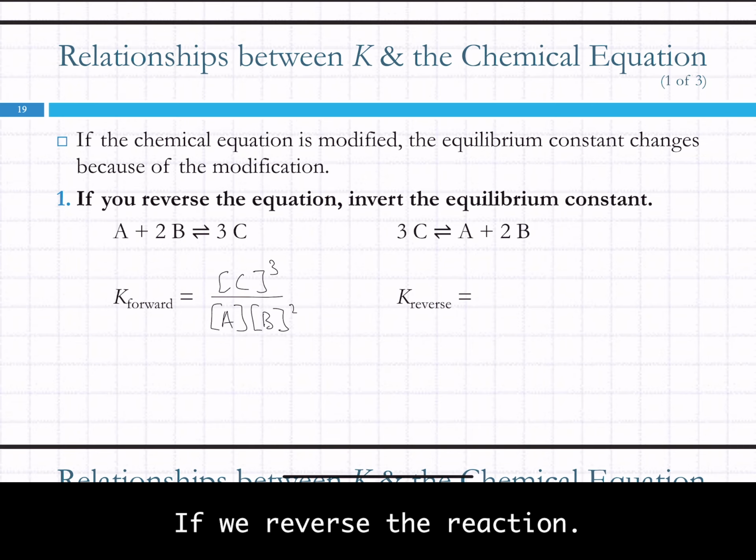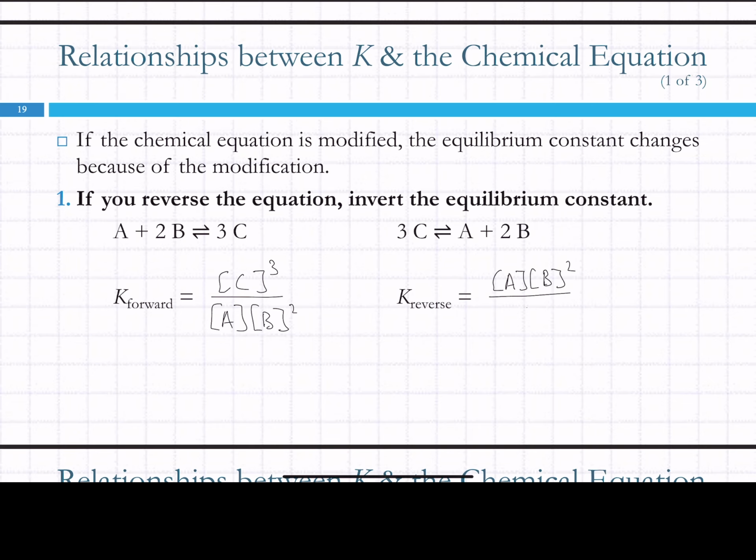If we reverse the reaction, we reverse the equation for K. So now it's the concentration of A times B squared over the concentration of C cubed.